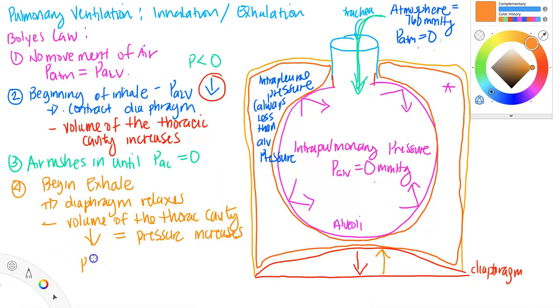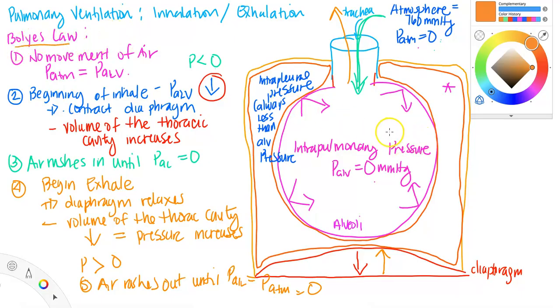So now the pressure is greater than 0, so greater than atmospheric, and air rushes out until P alveoli equals P atmosphere, which is 0. Okay, so that is ventilation. And that's basically Boyle's law.